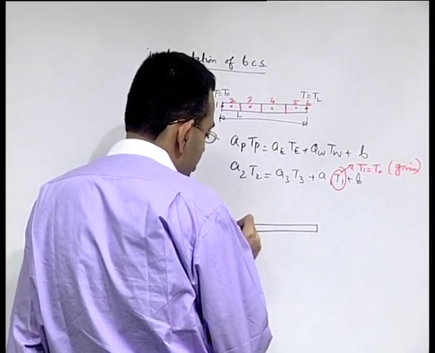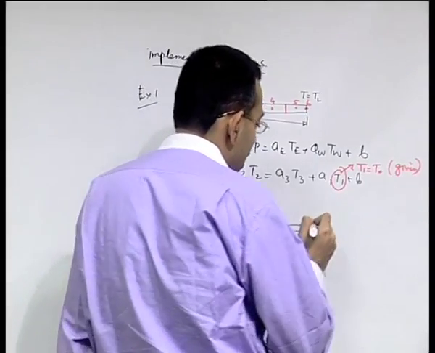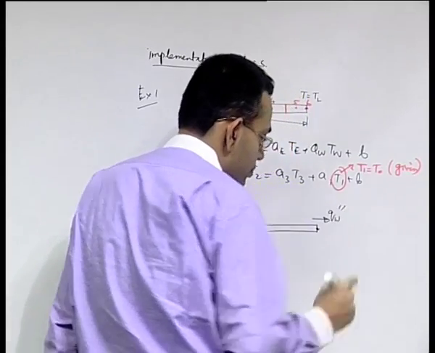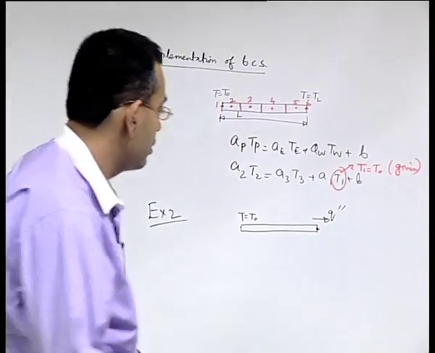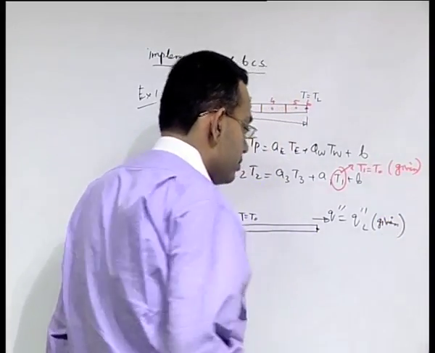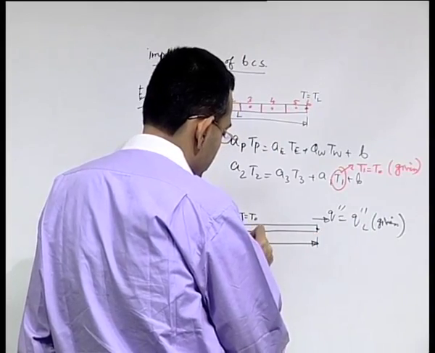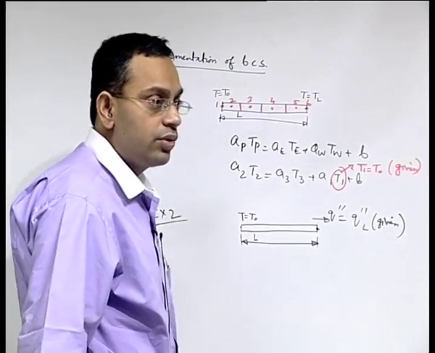Let us say that you have T equal to T0 at the left boundary, but at the right boundary you are given the heat flux at x equal to L. What will be the first step?